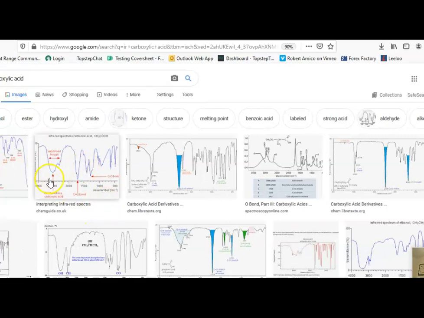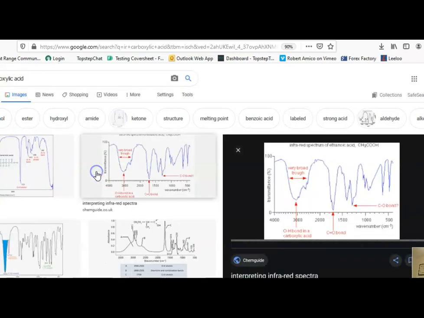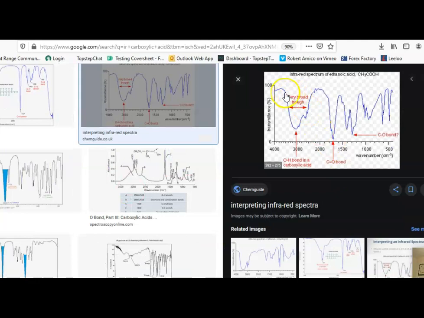All right, so here's a good example. See how broad this thing is? It starts here and it ends over here. It's not like these, which go sharp down and sharp up, sharp down, sharp down. These start here and then it just keeps going, and then you can see these little things out here.